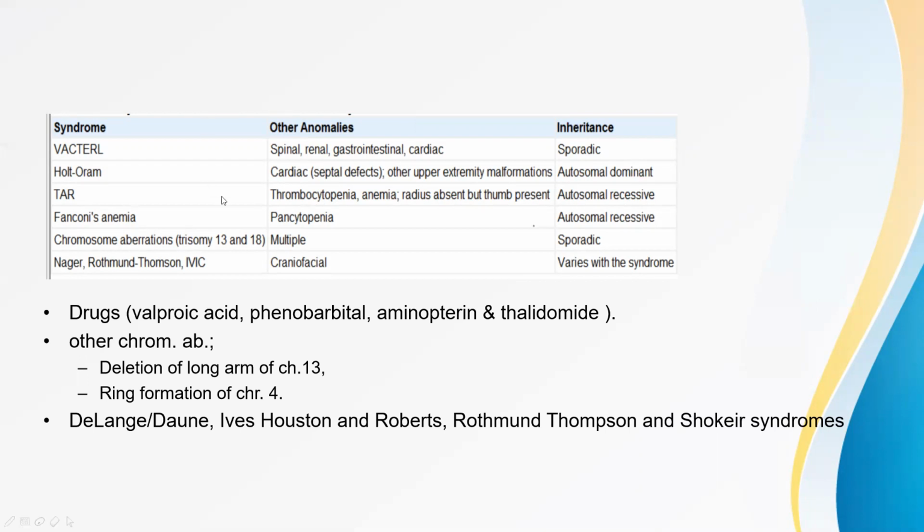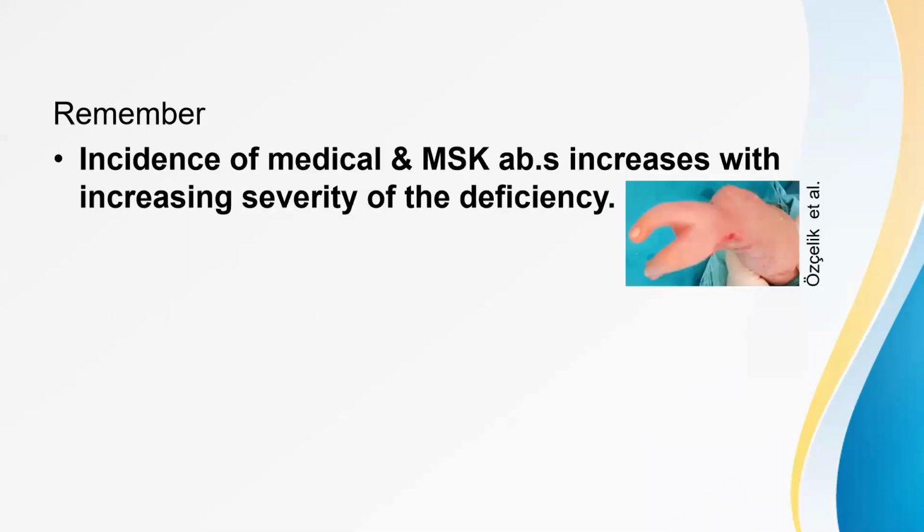Of note and importance is the TAR syndrome, which is a life-threatening condition, and this should take precedence over the radial club hand function in treatment and management, to save the life of the child by bone marrow transplantation before dealing with the upper limb deformity.